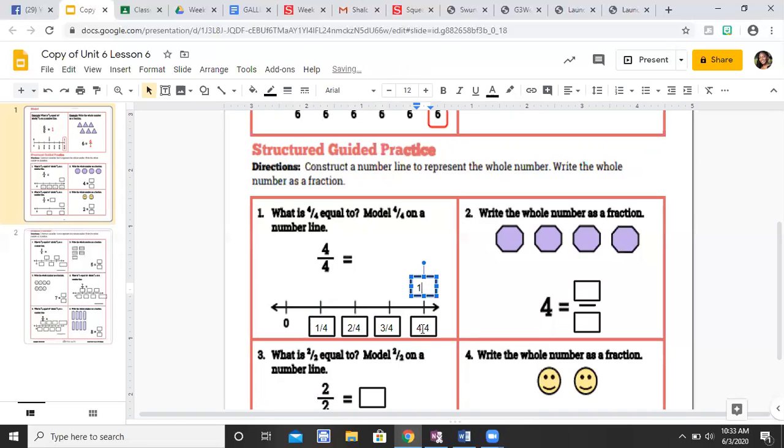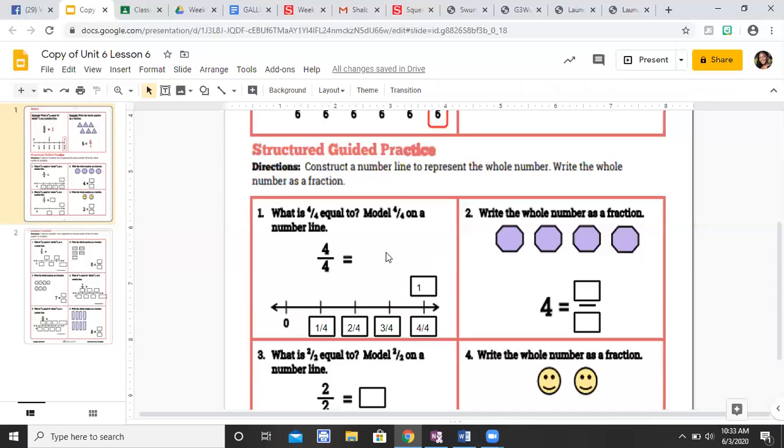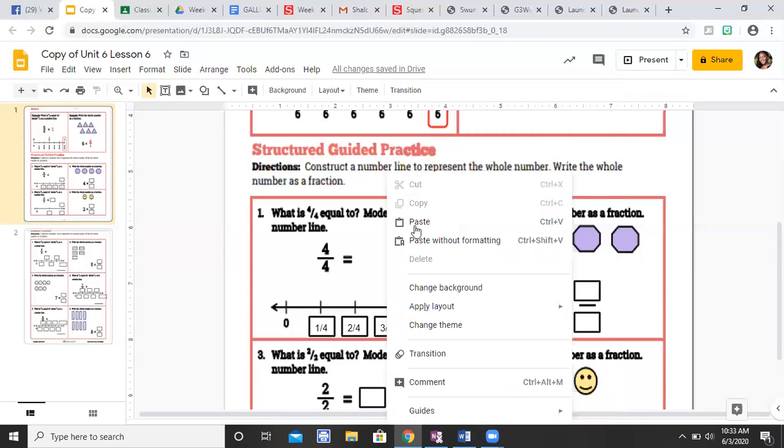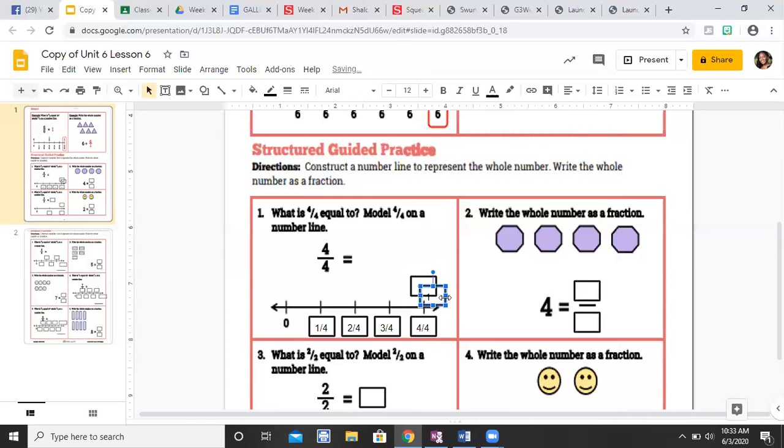So whenever the numerator and the denominator are the same, we know that our answer is equal to 1. And I didn't do this, so what I'll do quickly is just copy and paste the answer. Here we go. Copy and paste the answer there. So it's equal to 1.